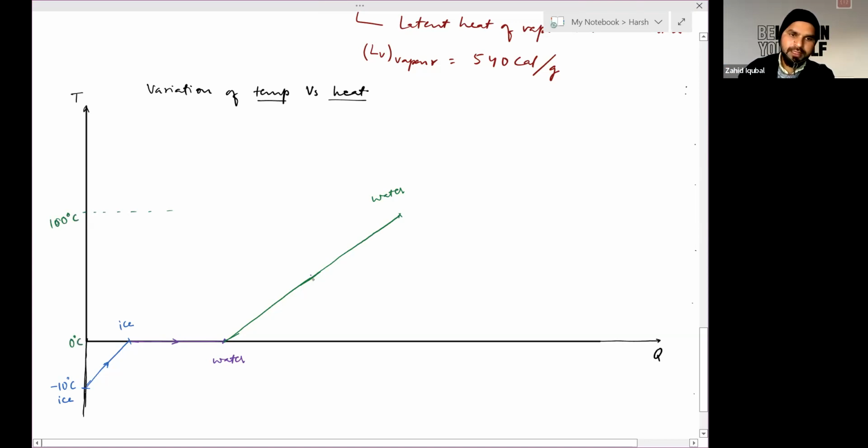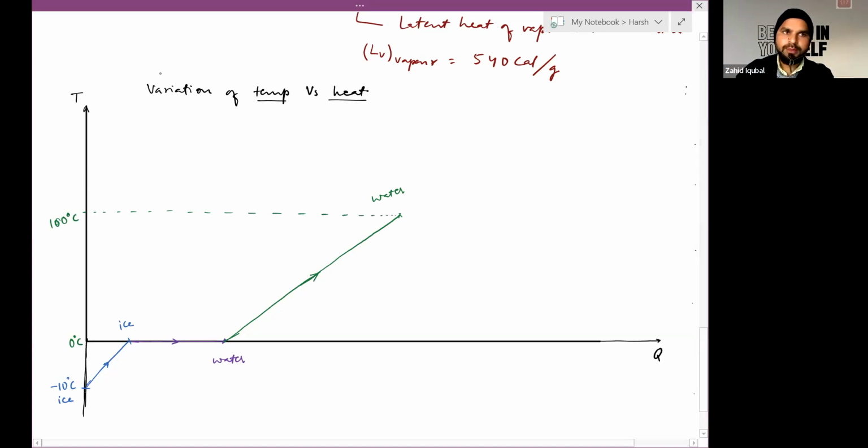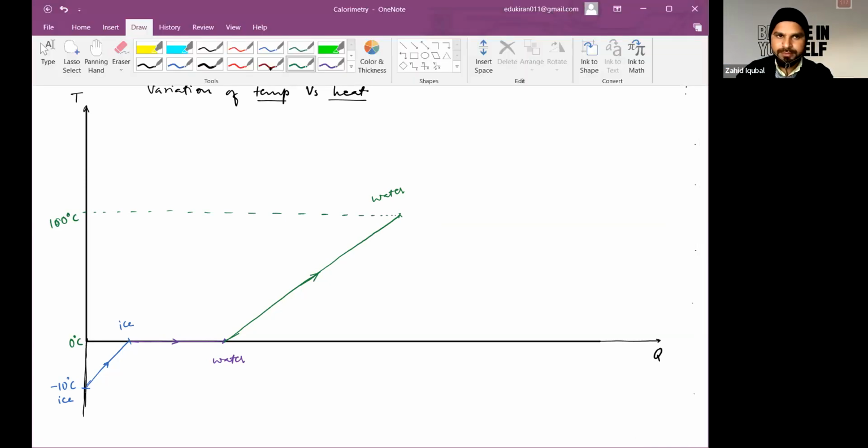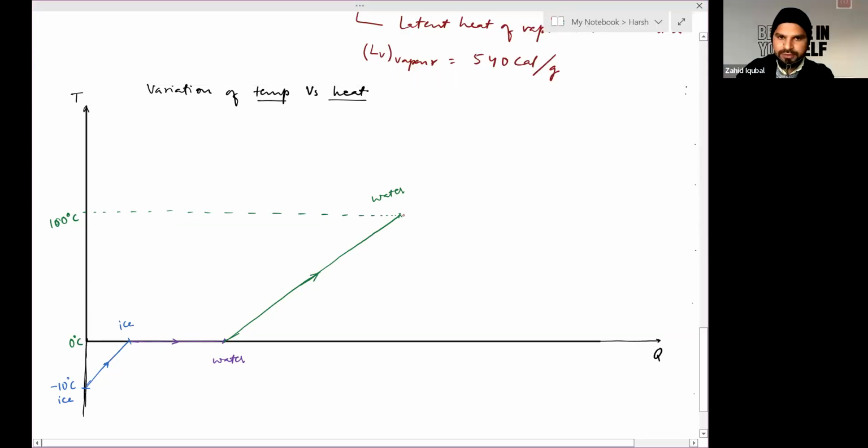So this is again the amount of heat supplied to water to raise its temperature from 0 degrees Celsius to 100 degrees Celsius. So it will be specific heat, the heat required to change temperature. Further, at this point, if you supply heat, its state will change from water to gas, vapor.